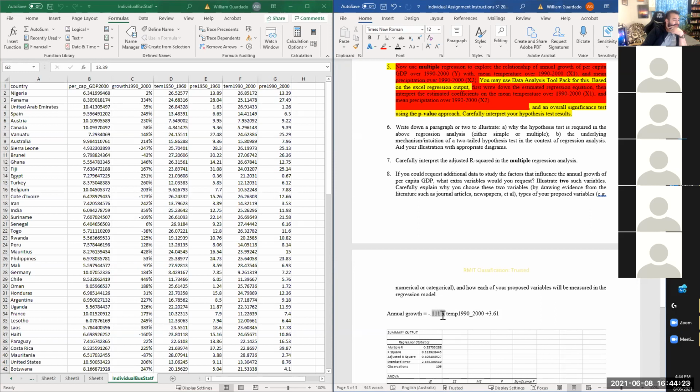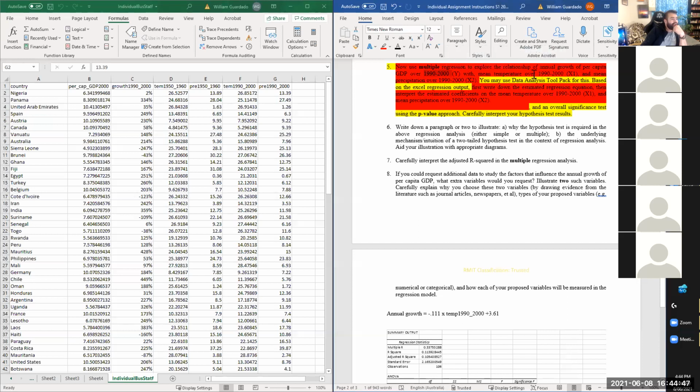So you would say that for every degree centigrade increase between, let's say, period 1960 to 2000, the annual growth would decrease by 0.11. Actually 1990, because that's what the question says right there.